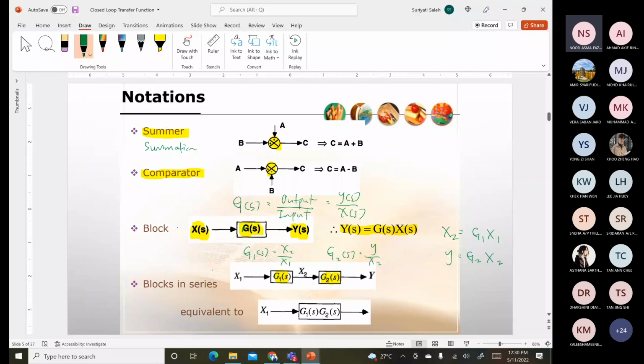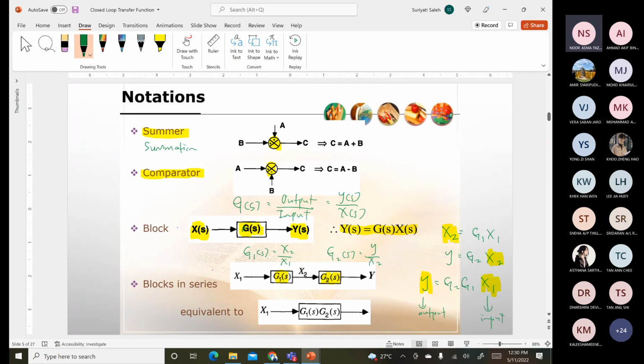Then this can be further rearranged. In the first transfer function, X2 is your output, and now it becomes your input. So you can substitute the value into the Y relationship, where now Y equals G2 G1 X1. Here Y is your output and X1 is your input, and inside the relationship you have two transfer functions, G2 and G1.